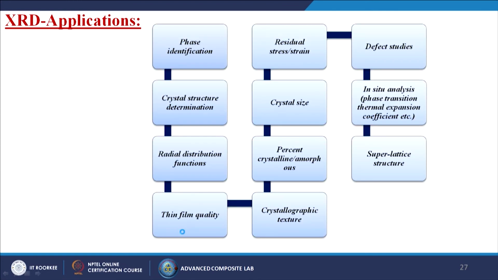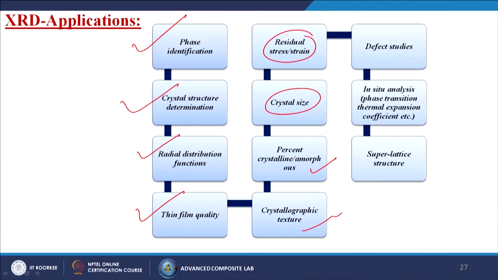Now we are going to discuss almost the last part of this lecture, the XRD applications. Generally, we do phase identification of materials, and we can get crystal structure determination, radial distribution functions, thin film quality, and crystallographic texture of materials. We can get percent crystallinity, whether the material is crystalline, semi-crystalline, or amorphous.